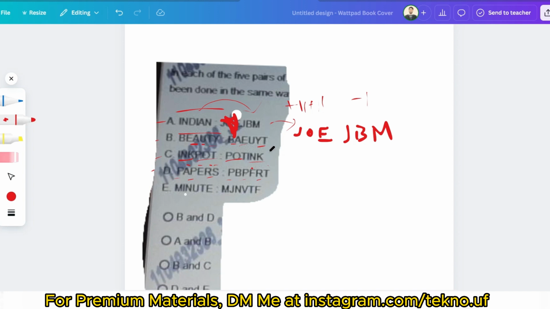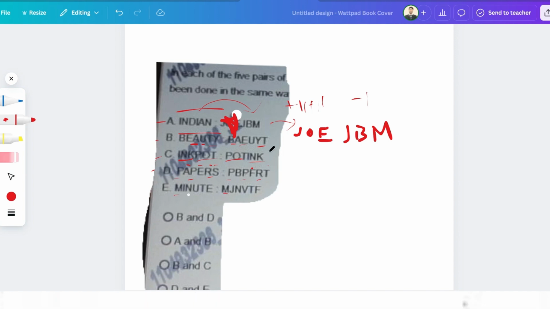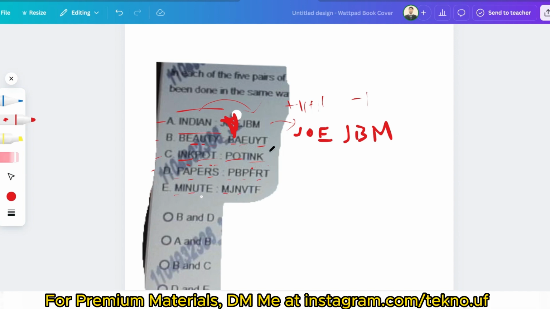Here minute. M, here N, here T and T. So all alternative letters are at the same position, but the next alternative letters, that is I, U and E, are just being +1.